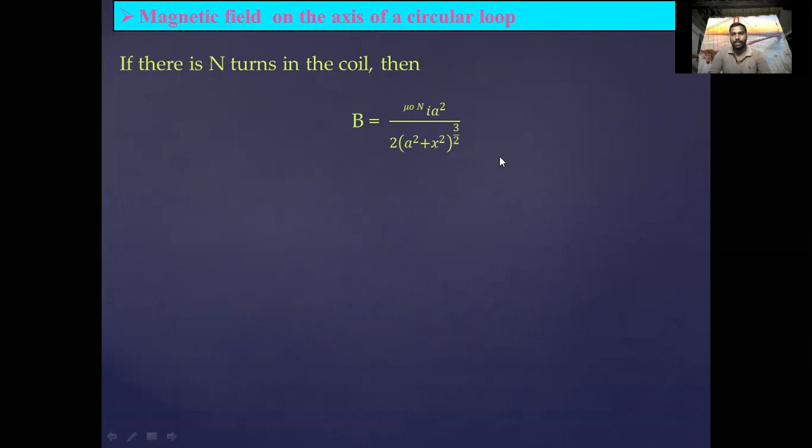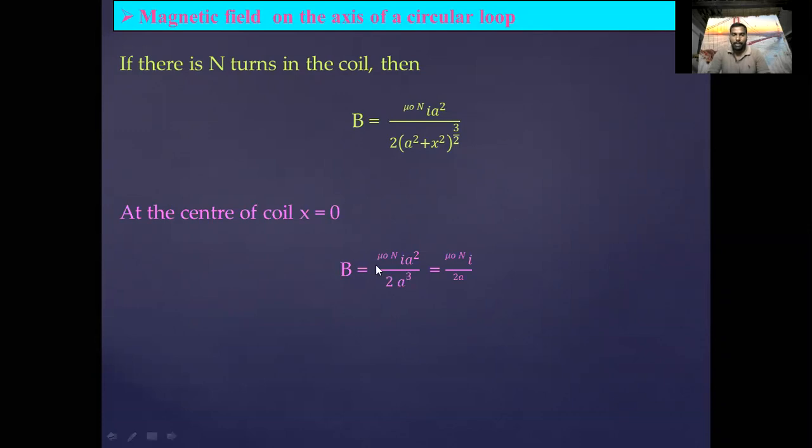Using this condition, now at the center of the coil, x is equal to 0. Now we put the x value 0 in the equation. This equation becomes the magnetic field due to the circular coil having n turns at the center.